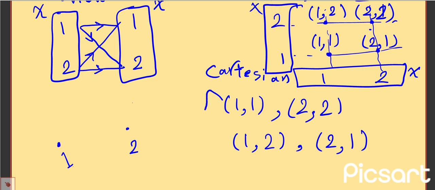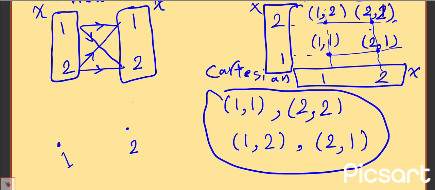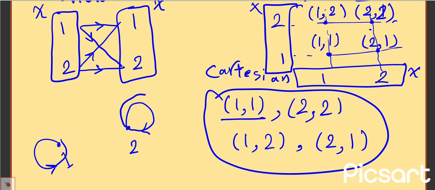How can I represent these pairs? 1 and 1. This is 1 and 1. That's it. Okay. This is 2 and 2. This means the arrow will come from the 2 to the 2, and go like this.